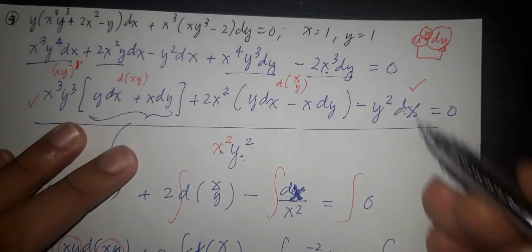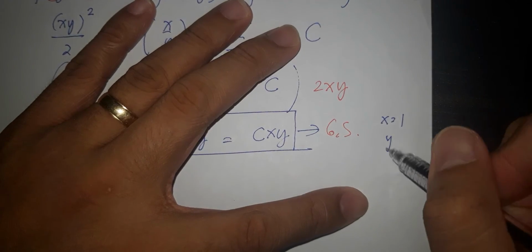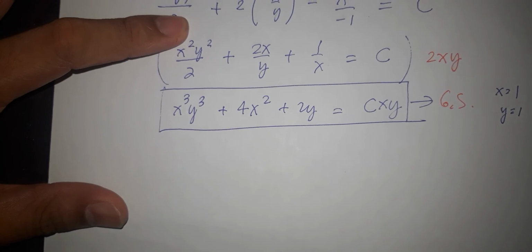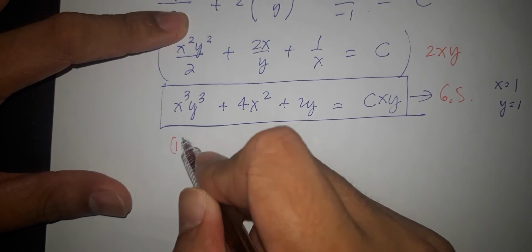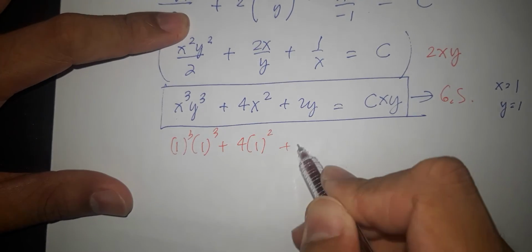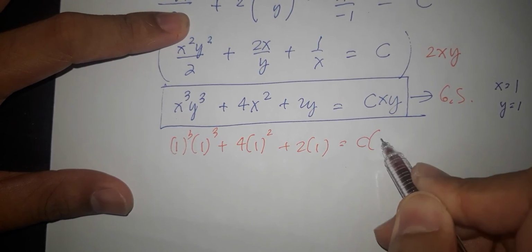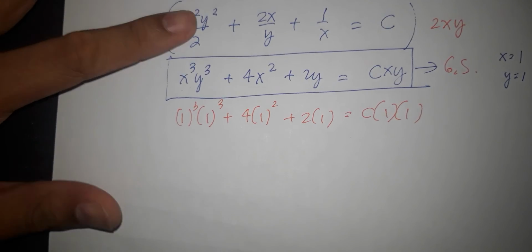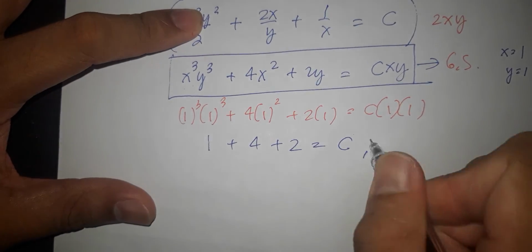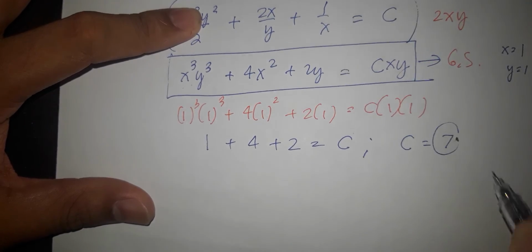Since meron tayong initial condition that when x is equal to 1, y is equal to 1. Substituting, 1 cubed plus 4 times 1 squared plus 2 times 1 is equal to c times 1 times 1. That gives you 1 plus 4 plus 2 is c. Then c is 7.